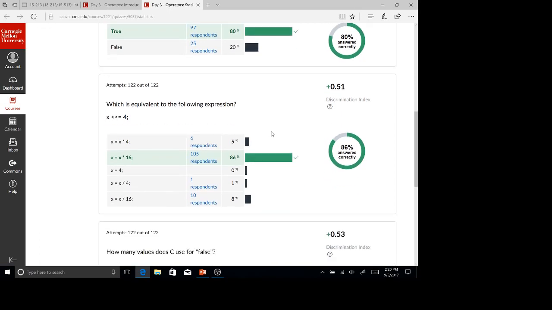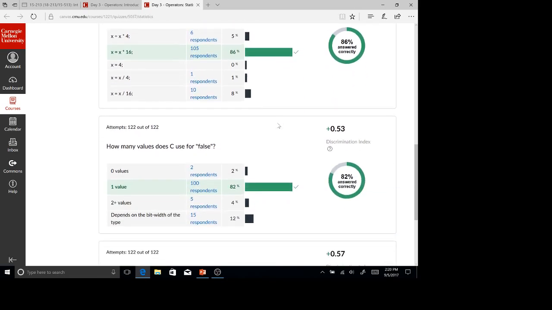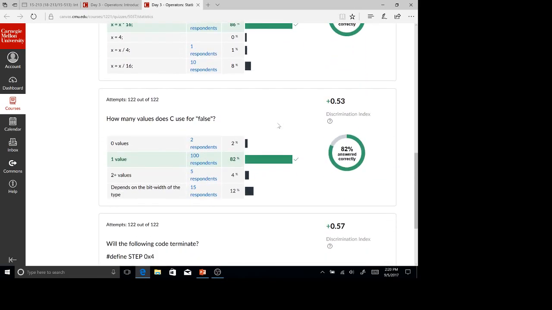Everyone basically got the idea that shifting left by 4 is the same as multiplying by 16. Remember, it's a left shift, not a right shift. And how many values does C have for false? It's sort of a trick question in that false has one value, which is 0.